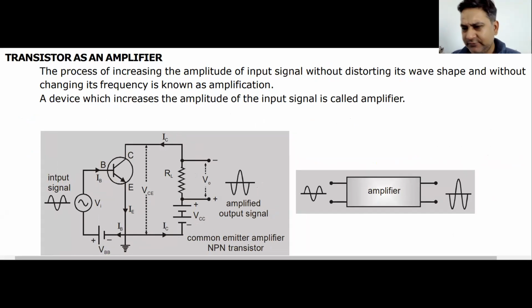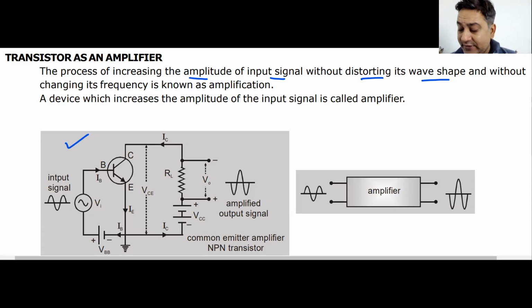Increasing amplitude. Correct. Amplify. Make it big. If I increase the amplitude of a signal without distorting its wave shape, if it is a sine wave, it remains a sine wave, but the amplitude becomes more, so it becomes a bigger sine wave. That is what an amplifier is all about.